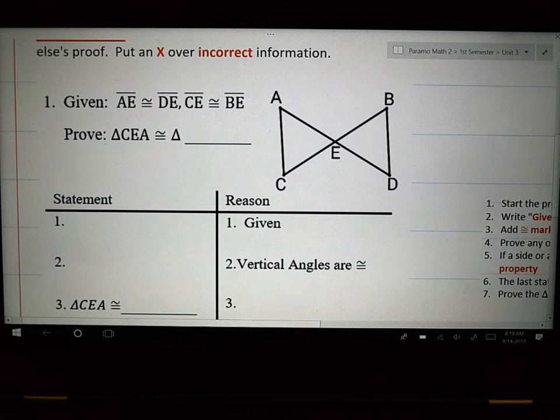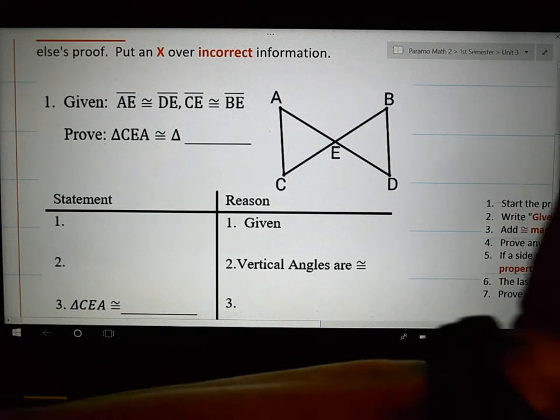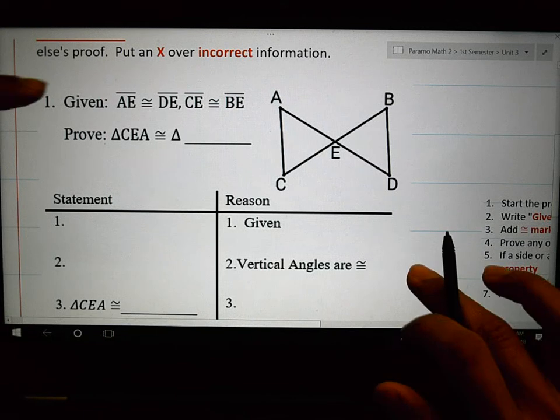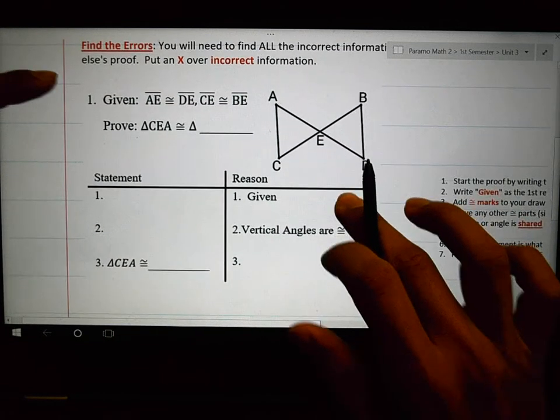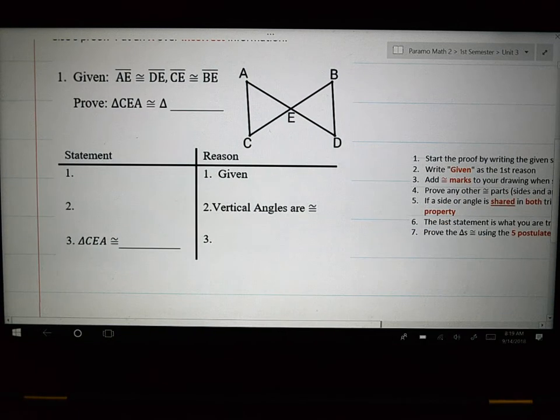Since you already have worksheet 3.3a, you flip your worksheet 3.3a over, and it should be worksheet 3.3b.